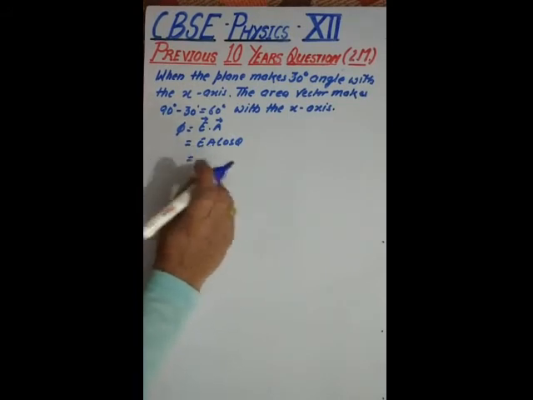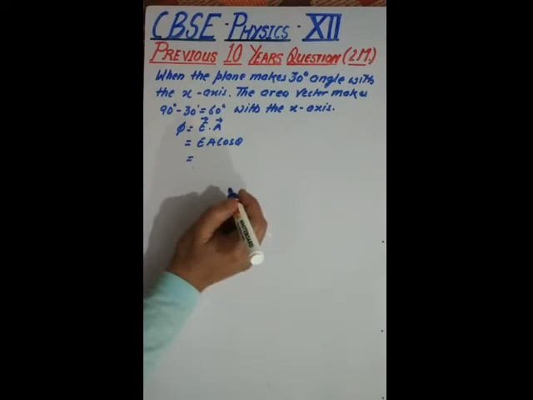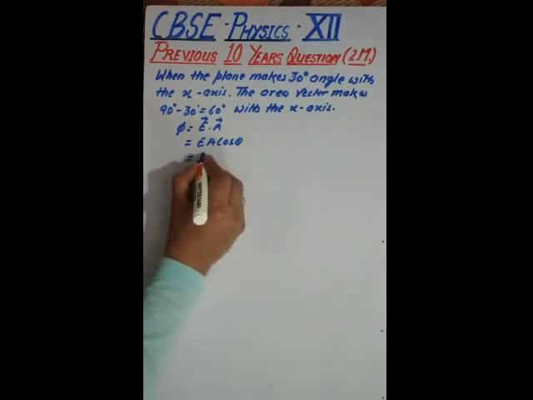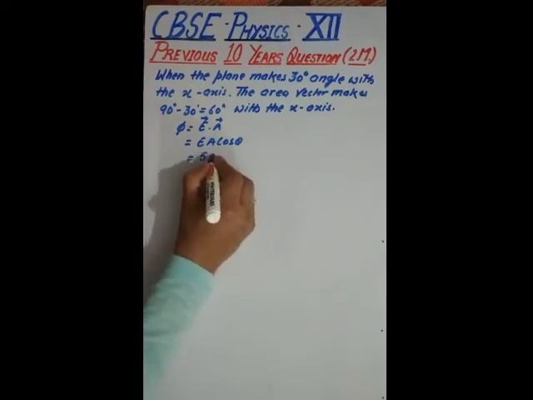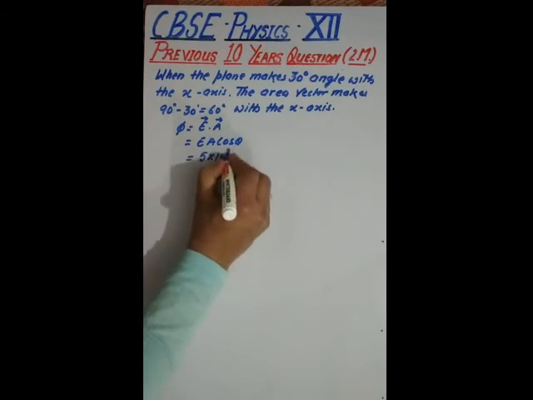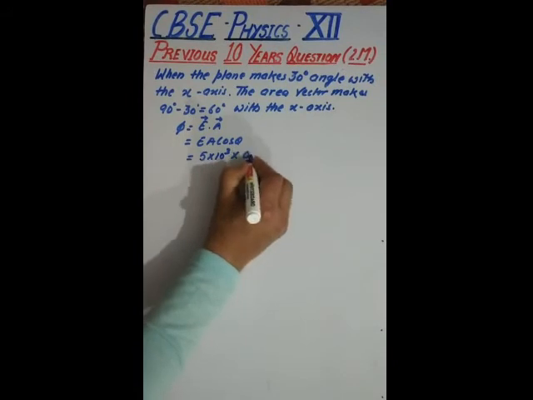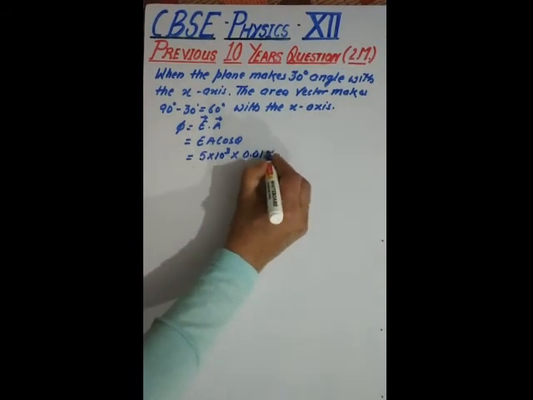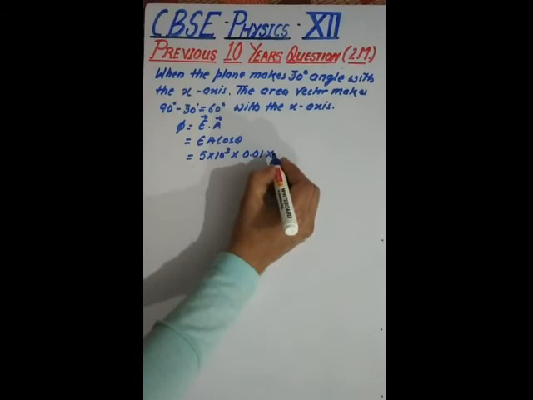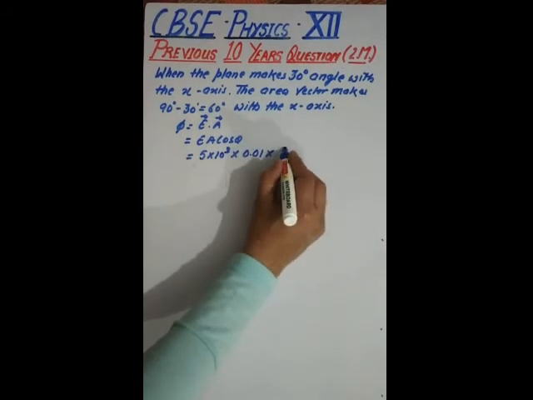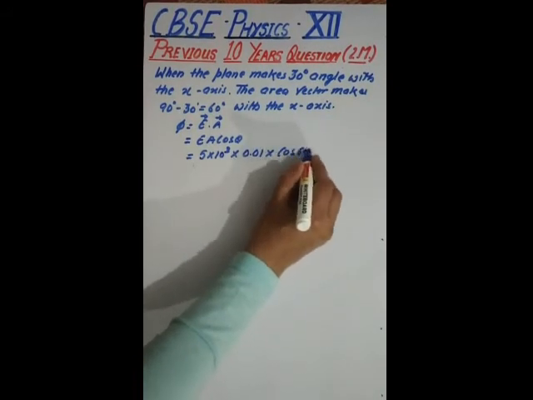Electric field is 5 into 10 to the power 3, into the area 0.01, into cos 60 degree.